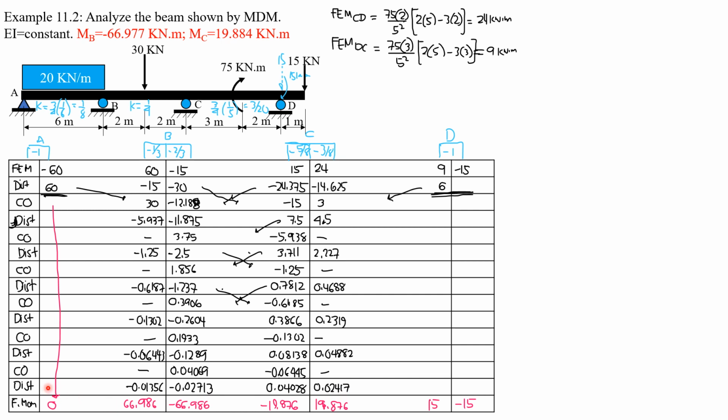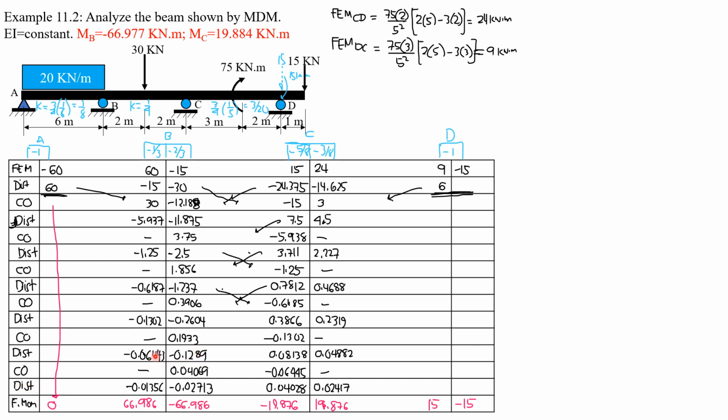So we end here. Remember, the ruling is you end up at distribute level or row when the final moment or the absolute value of the unbalanced moment is less than or equal to 0.1. Actually, these are already less than or equal to 0.1, but because this is still in the carryover level, the ruling is we have to end up at distribute level.